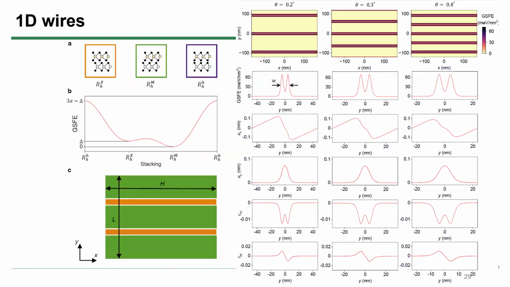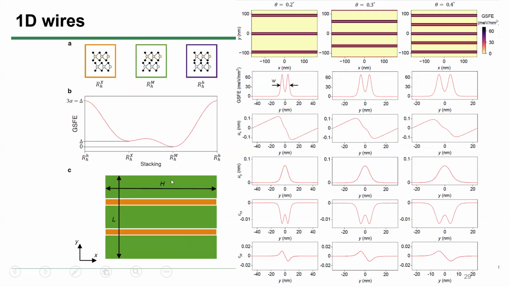Here are some simulations. And as I said, we need to introduce a small difference between these stackings for the interlayer energy, or this adhesion energy, and only in this case can you observe this special type of double domain wall.